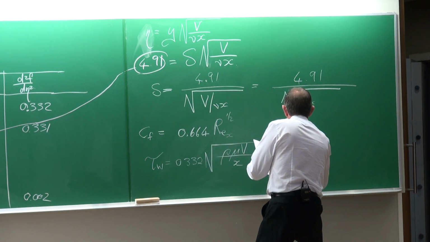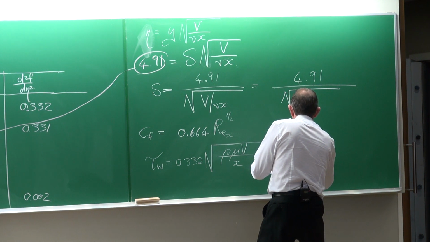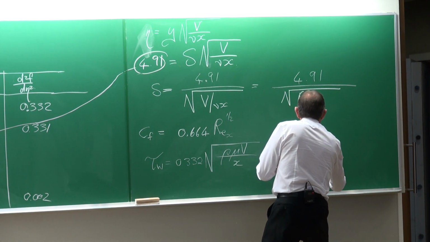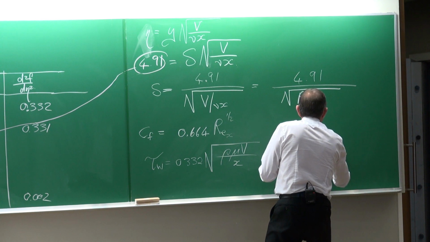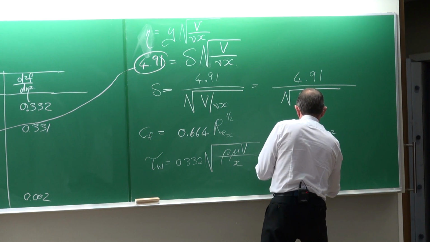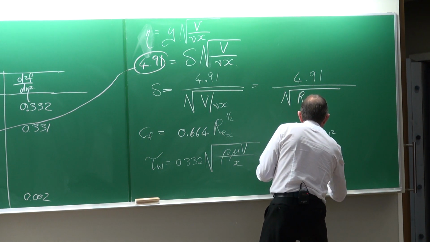And if you want to go and make it neat, you can write it as 0.332 multiplied by the density v squared divided by the square root of the Reynolds number.